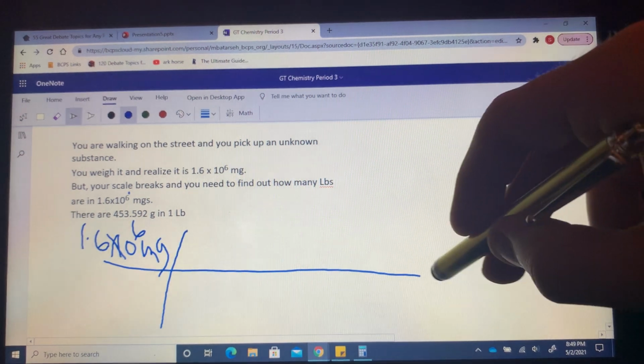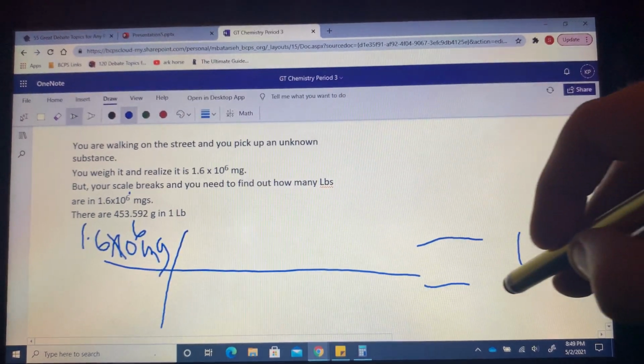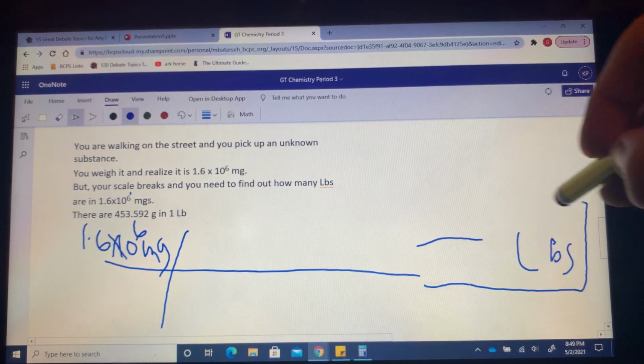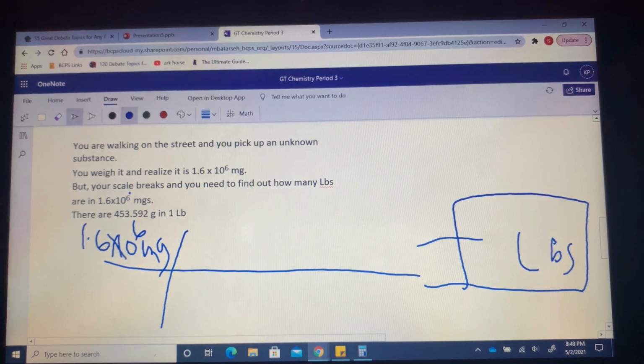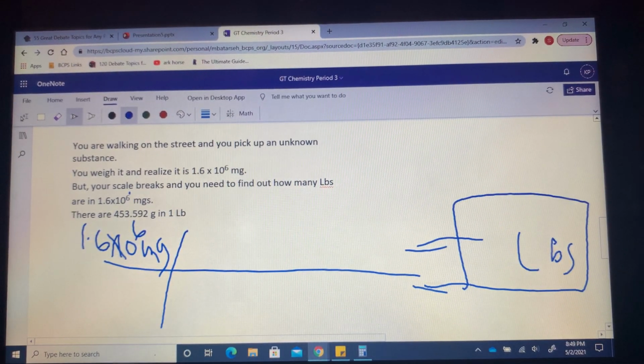So realize at the end we have to write a certain amount of pounds. So we have 1.6 times 10 to the 6 milligrams. So what do you have to do?